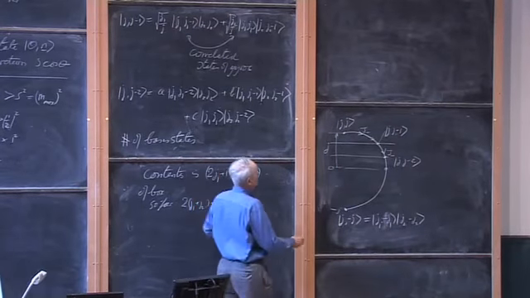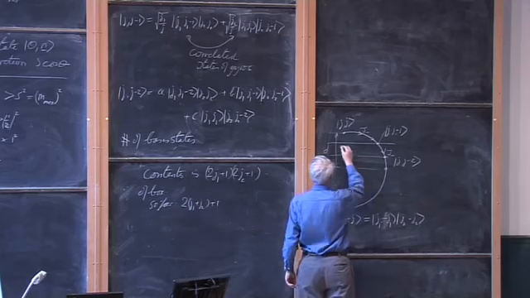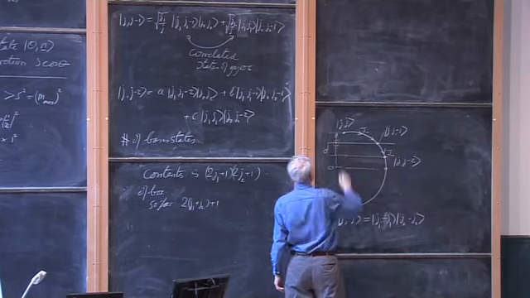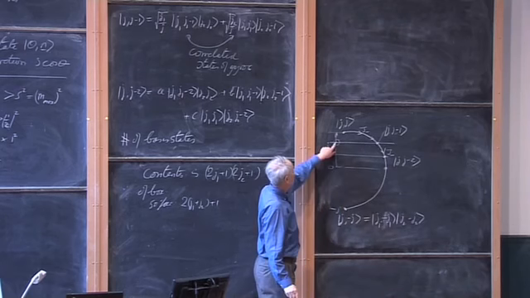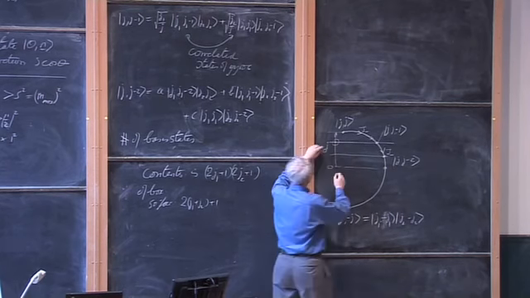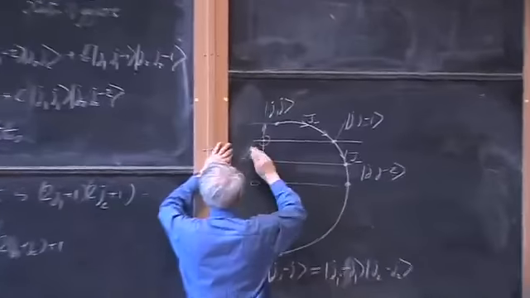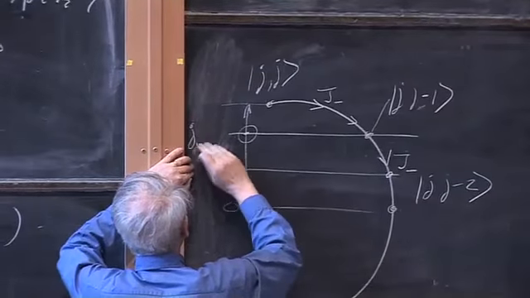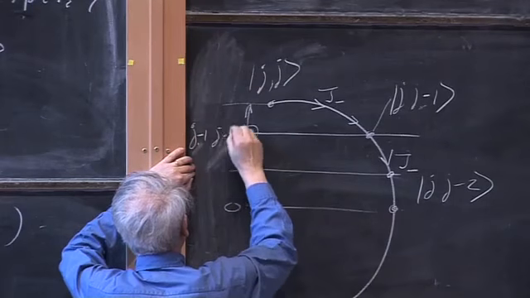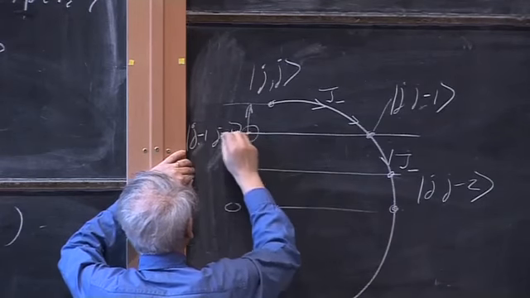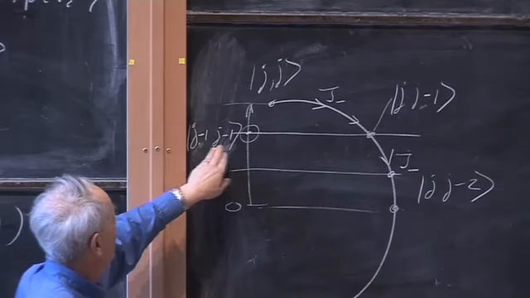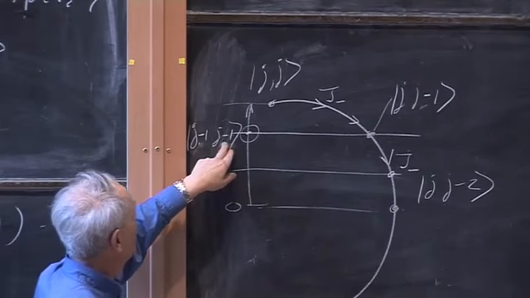The way to go is to find what the expression is for this state, the state J, J minus 1. Because the two gyros are not parallel, there's a bit of cancellation of their angular momenta, but all the angular momentum of the box is parallel to the z-axis.